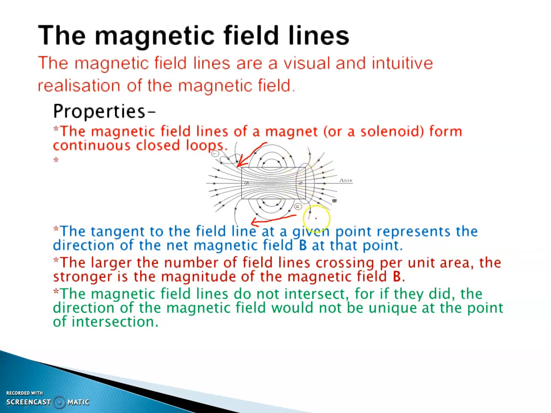In this particular region, you can see field lines are crowded, meaning the number of field lines in unit area is more here as compared to the number of field lines here in unit area. So wherever the number of field lines per unit area is more is the stronger region as compared to the region where the number of field lines per unit area is less.